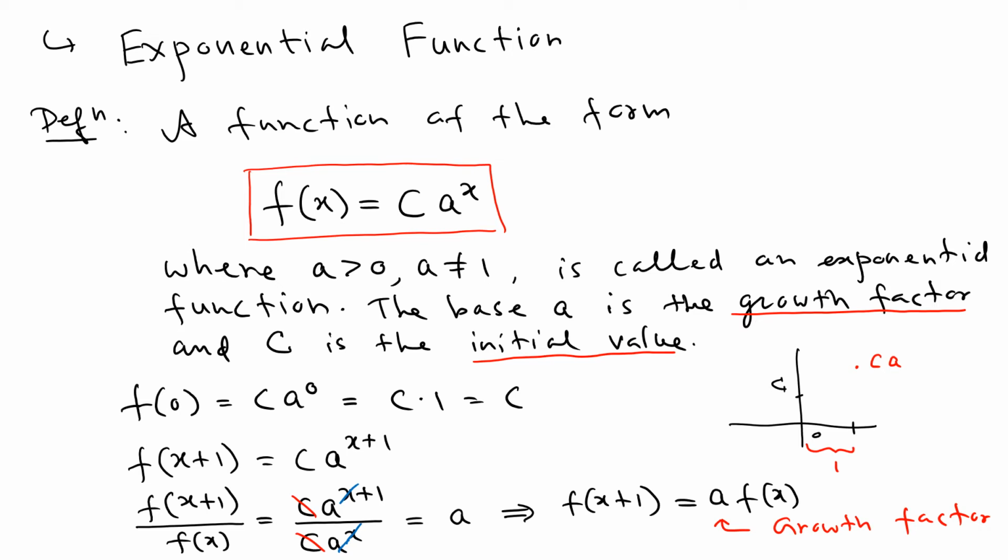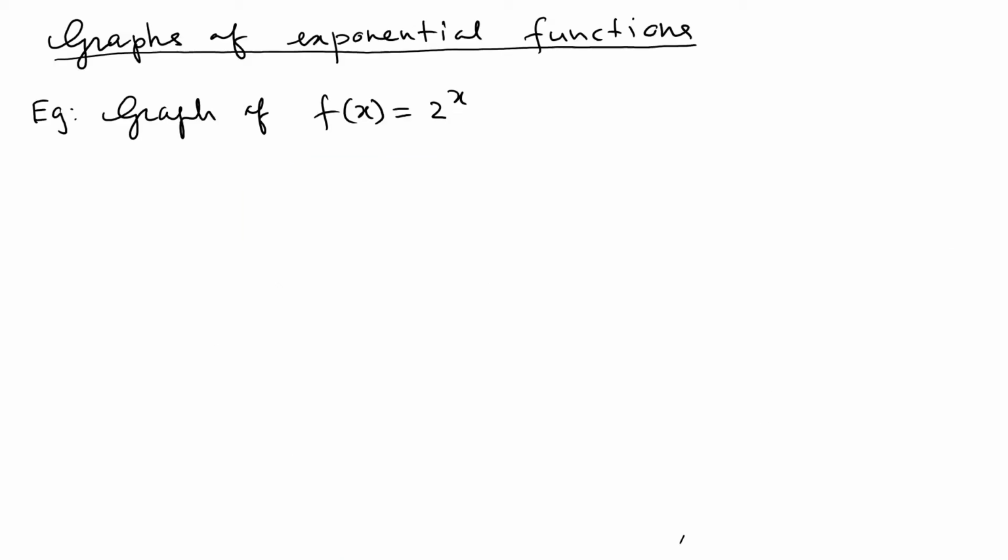Before we discuss anything else, let's look at the shape of a general exponential graph. Let's look at some graphs of exponential functions. As a typical example, we're going to look at the graph of 2 to the x. For that, we can look at a table of values.